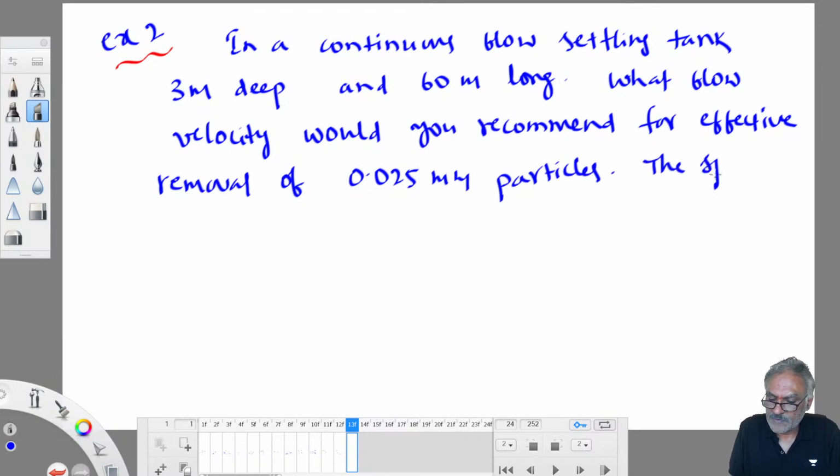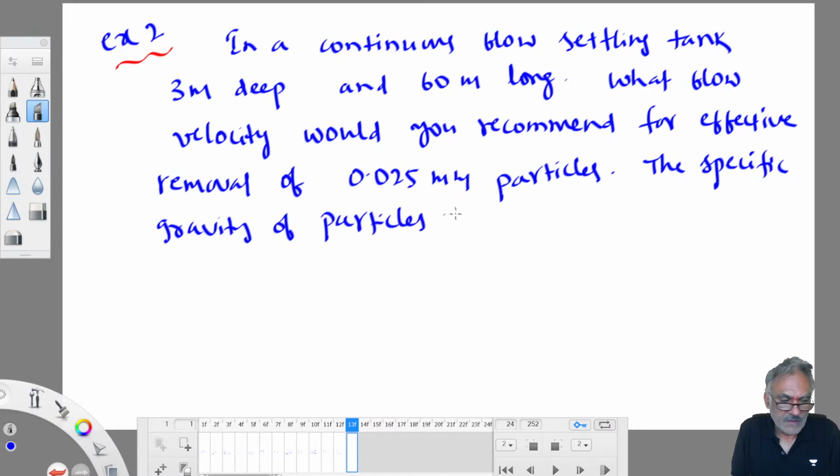He has given specific gravity of particle. Kinematic viscosity is 0.01 centimeter square per second.